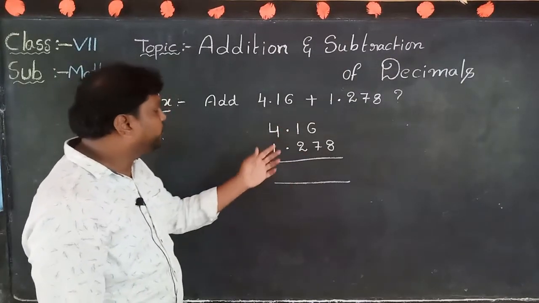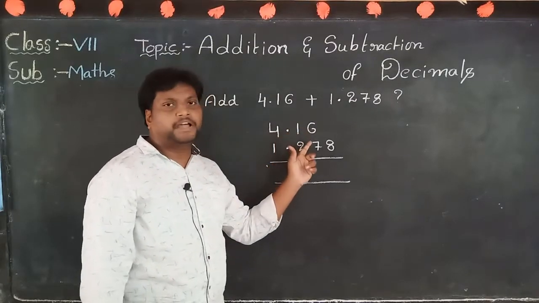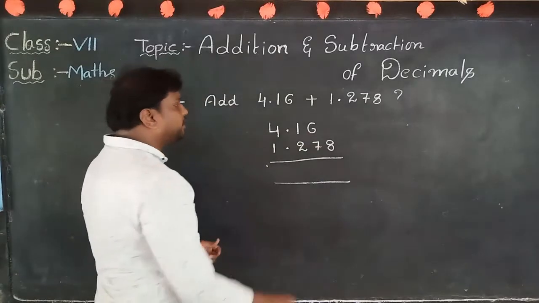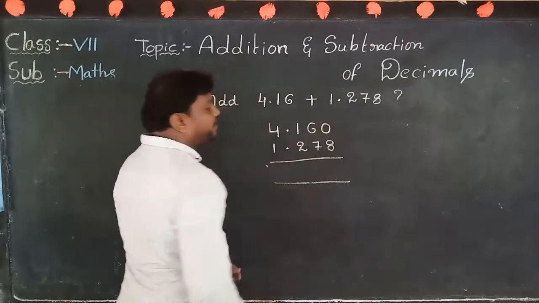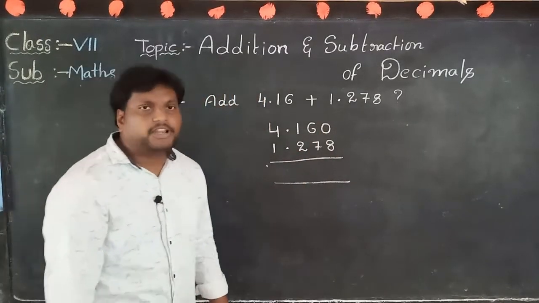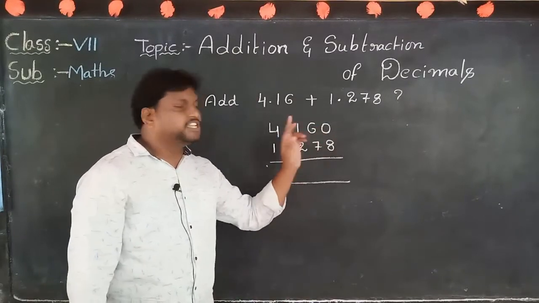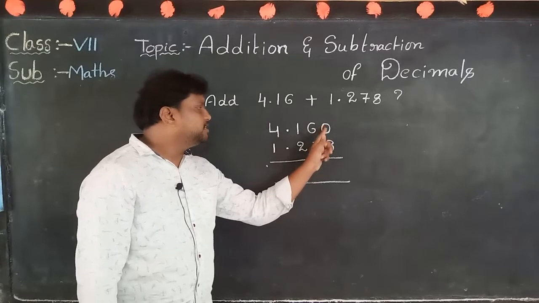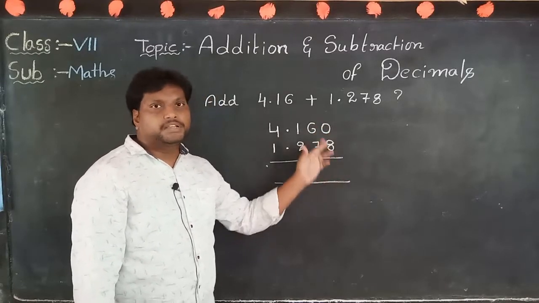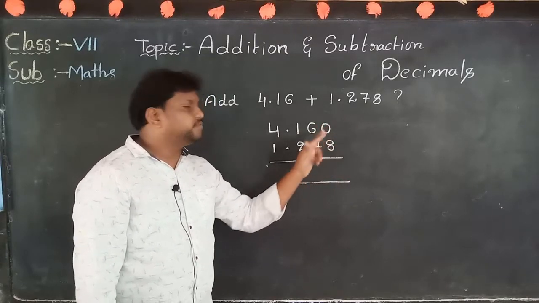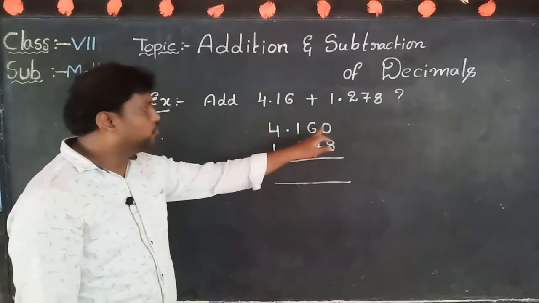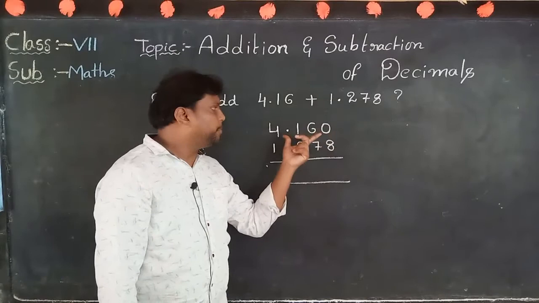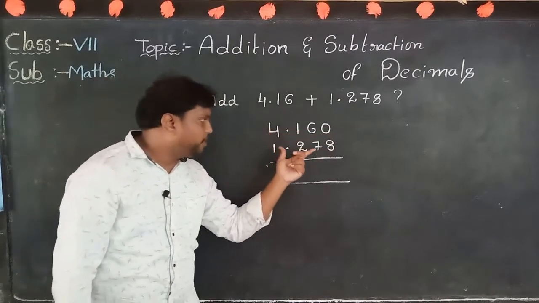In the first value the decimal part has only 2 digits, in the second we have 3 digits, so we can take a 0. Why? Because as explained in earlier classes, a zero after the last decimal digit has no value, so we can write 4.160 and 1.278.